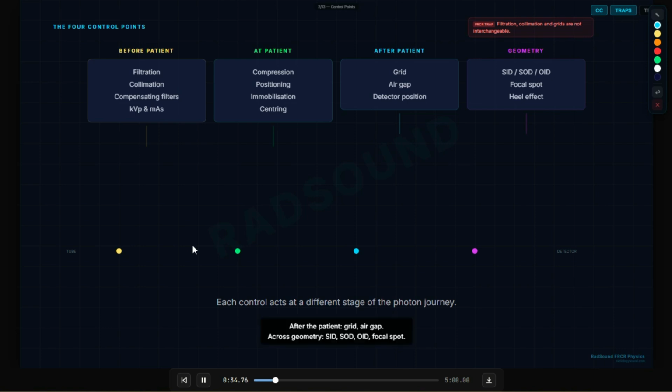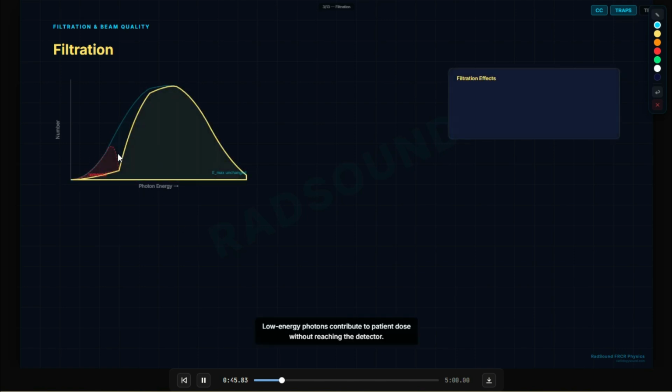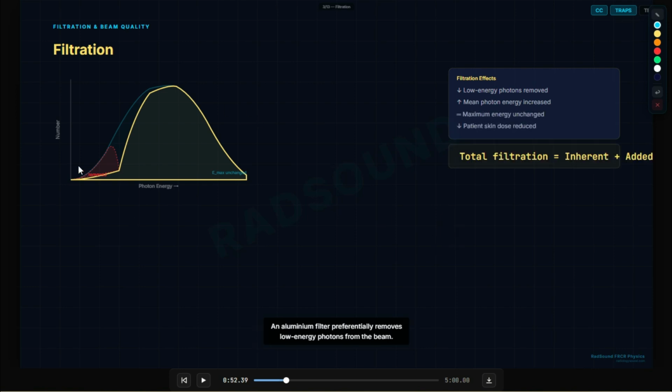So now let us talk about filtration. What's happening with the filtration? Filtration mostly affects the polyenergetic photons coming from the source. We have a polyenergetic X-ray spectrum coming from the source. Low energy photons contribute mostly to the dose to the patient without reaching the detector, because they have low energy.